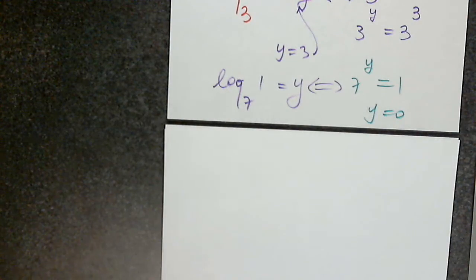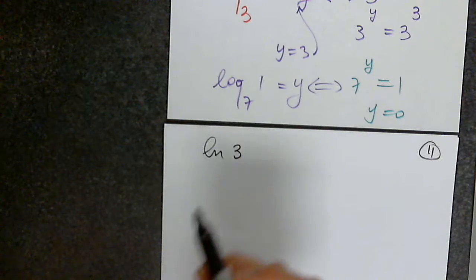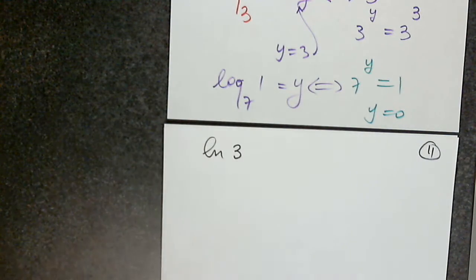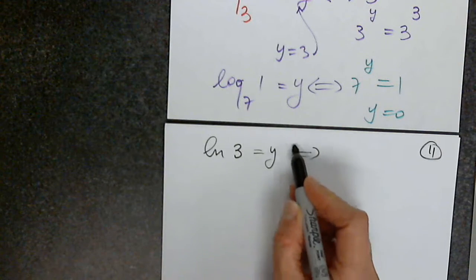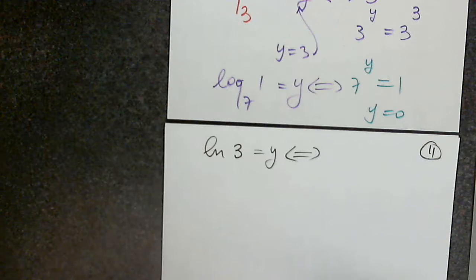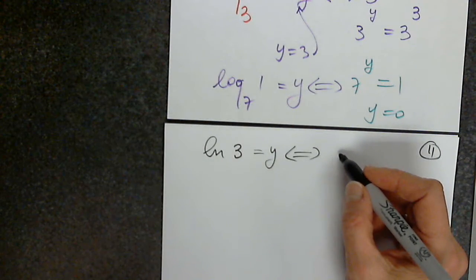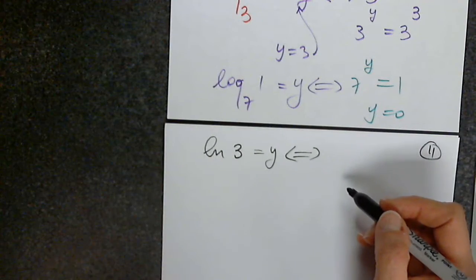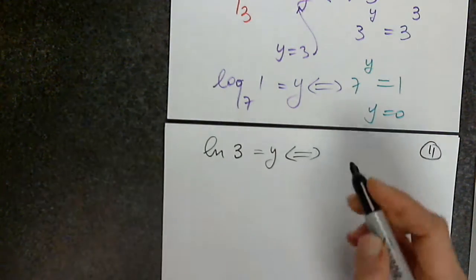Let's say I'm asked to find natural log of 3. Even in this case, even if I write that this equals y and I change it into an exponential equation, I can come up with an answer. How do I change this into an exponential equation? I don't see any base. But the base of natural log is e.